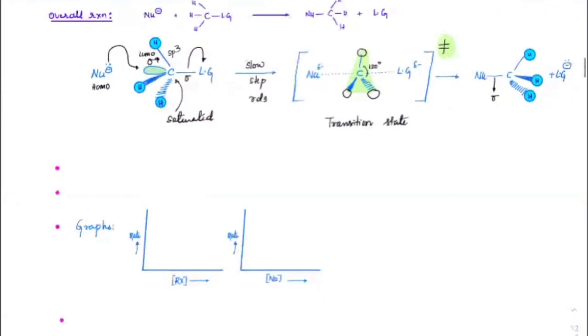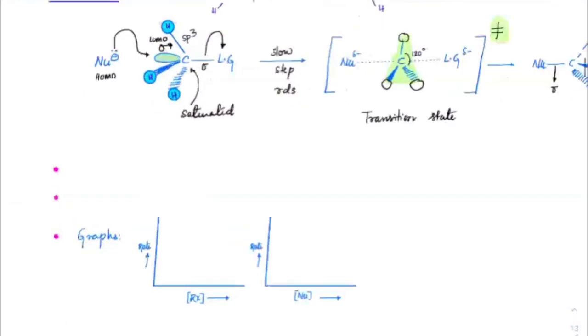What are the important points we need to note from here? First, the rate of the reaction. The rate of the reaction would be equal to some constant times nucleophile concentration multiplied by Rx, which is the alkyl halide concentration or the substrate concentration.